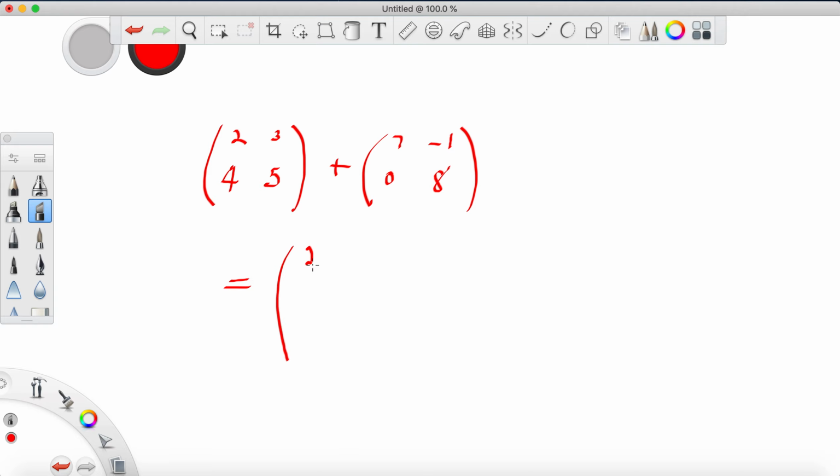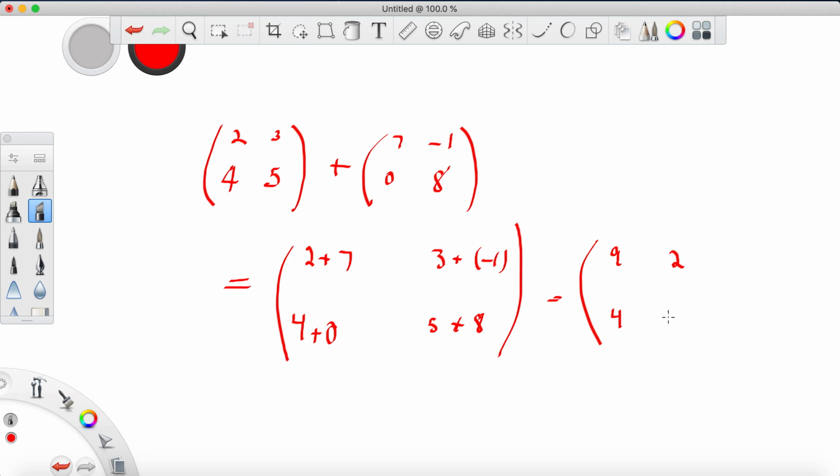So 2 plus 7 and 3 plus -1 and 4 plus 0 and 5 plus 8. When I evaluate that, I get 9, 2, 4, and 13. So that's how you add matrices.